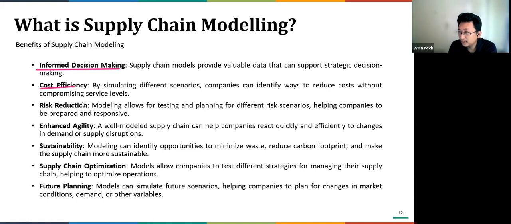Those can result in cost efficiency, risk reduction, a more agile supply chain, or sometimes even better sustainable supply chain decisions. And then, of course, this will be part of supply chain optimization and future planning.